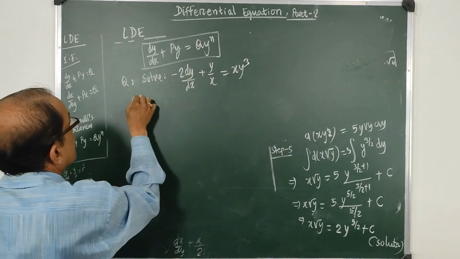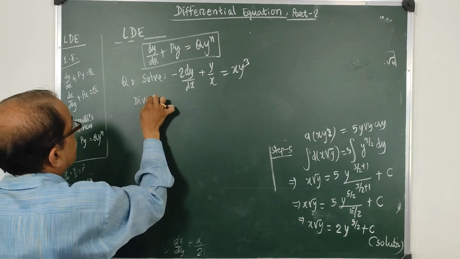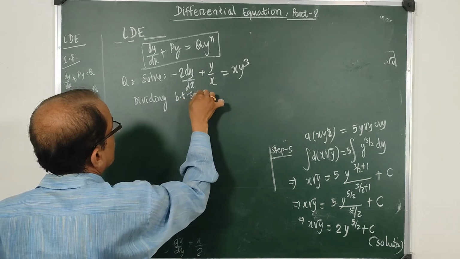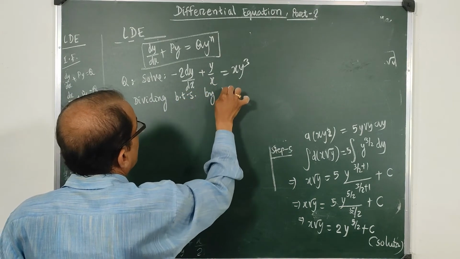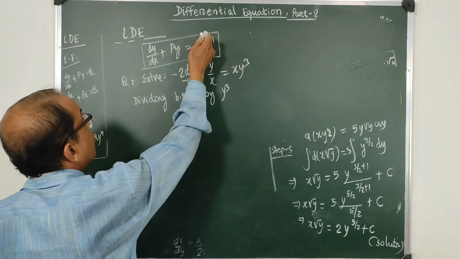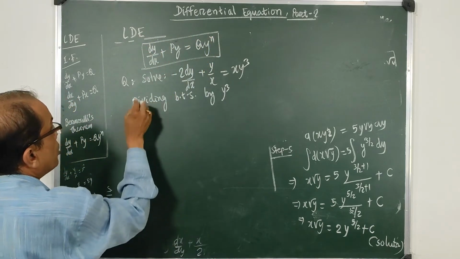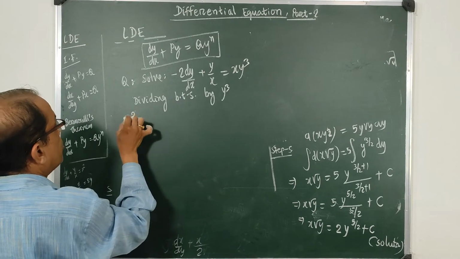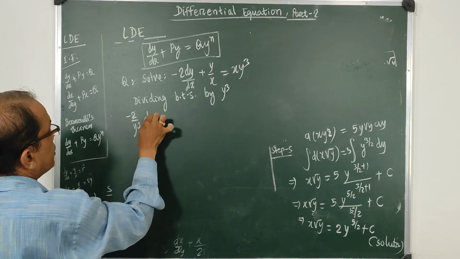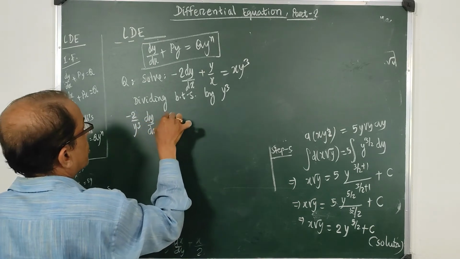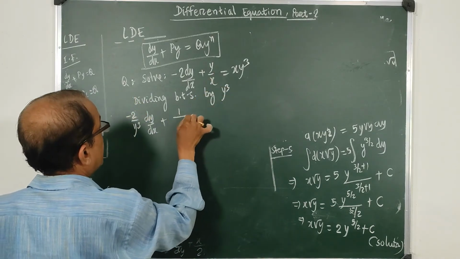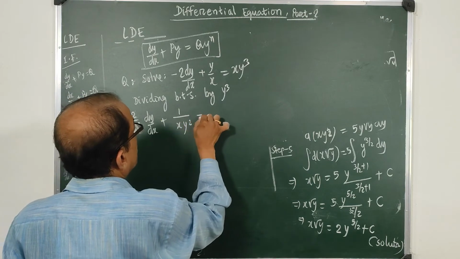So dividing both the sides by y cube, so that the second part only contains x, we get 2 by y cube dy by dx plus y divided by y cube will give you 1 by y square. So 1 by x y square is equal to x.